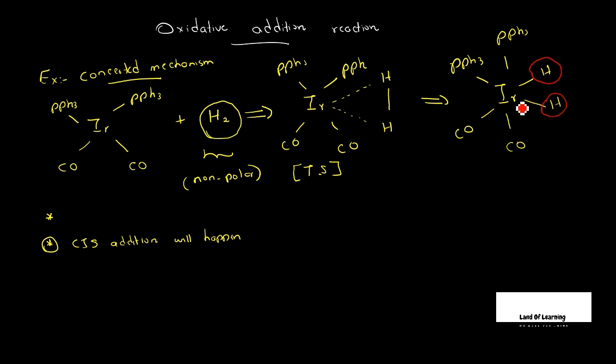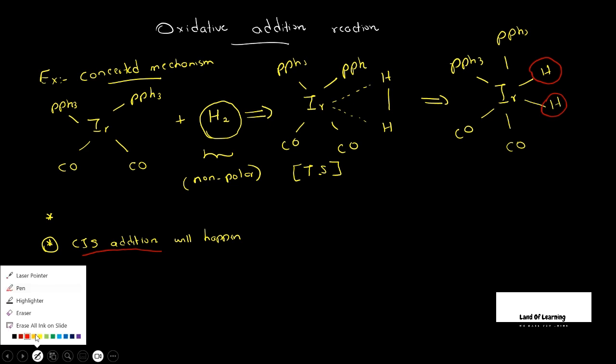I mean, you cannot see this hydrogen in this position and this hydrogen in that position. There will be no ligands in between these two hydrogens. Always these two added components, in this case hydrogens, are at cis positions. That's why we say cis addition will always happen.